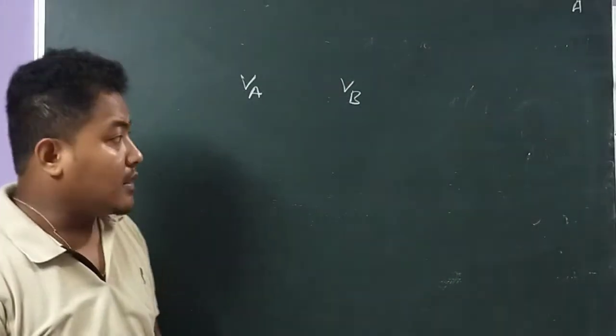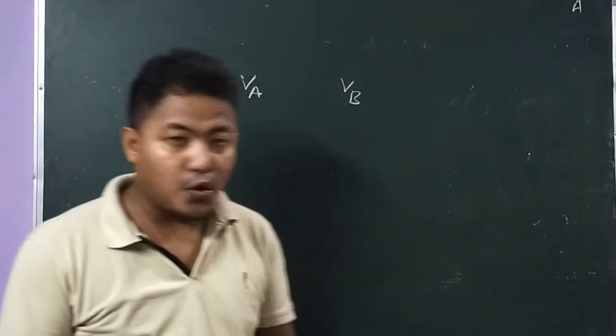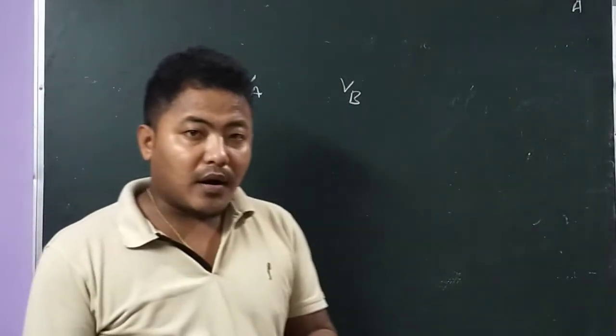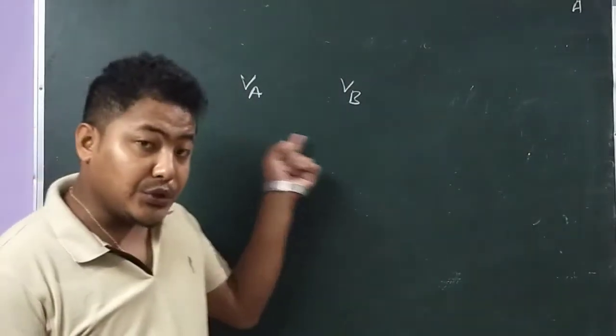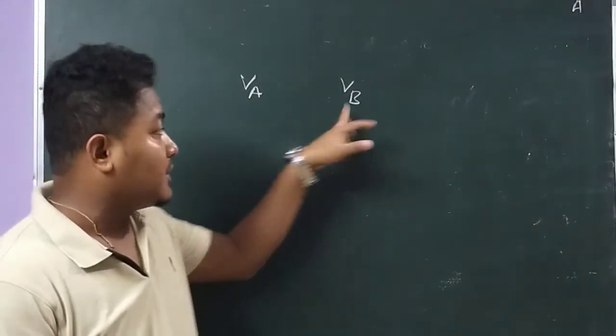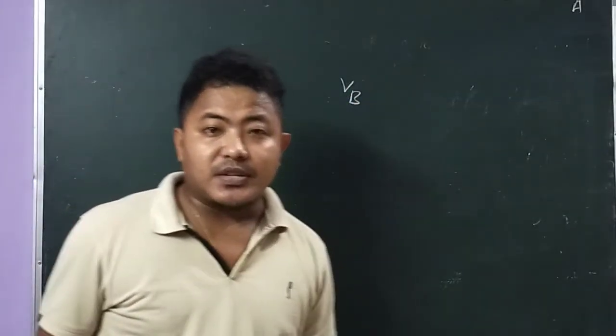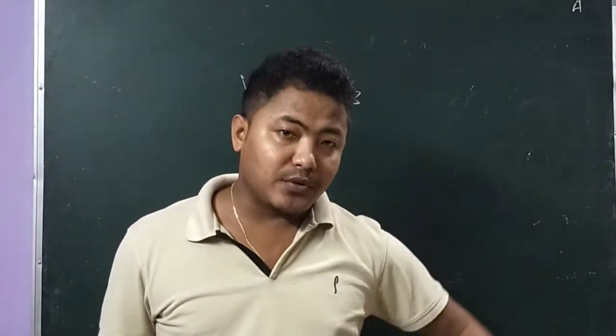Am I clear? So you can write: let's consider two objects who are moving uniformly and whose average velocities are VA and VB. Understand?